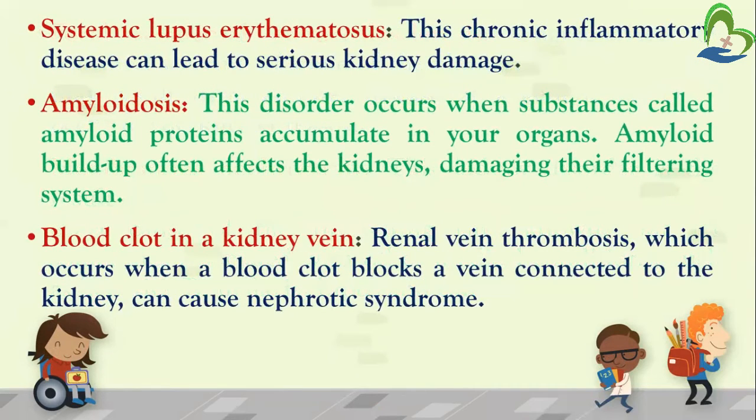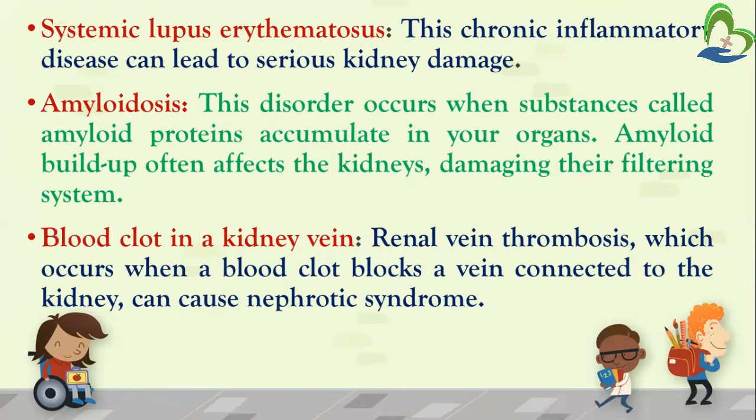Systemic lupus erythematosus: this chronic inflammatory disease leads to serious kidney damage. Then amyloidosis. These disorders occur when a substance called amyloid protein accumulates in the organs. Amyloid buildup often affects the kidneys, damaging their filtering system.